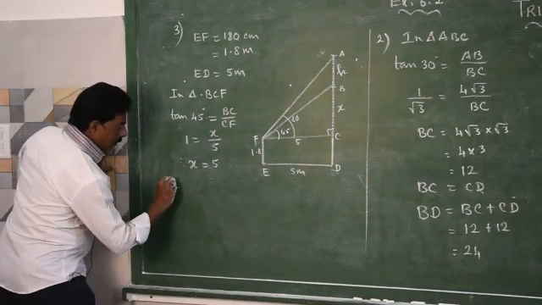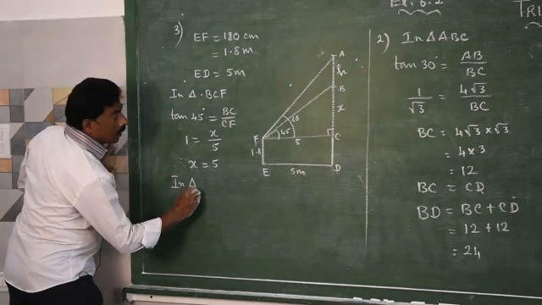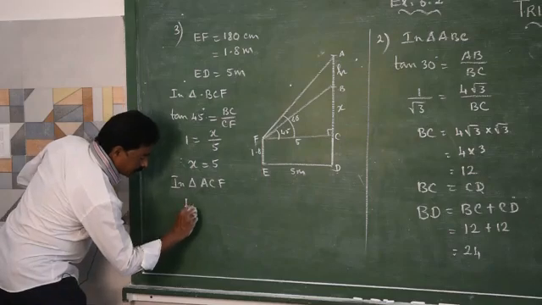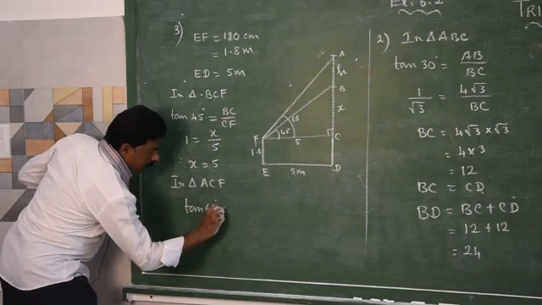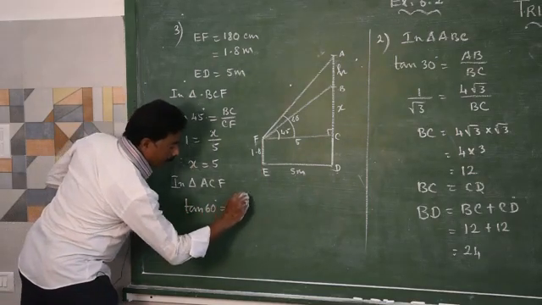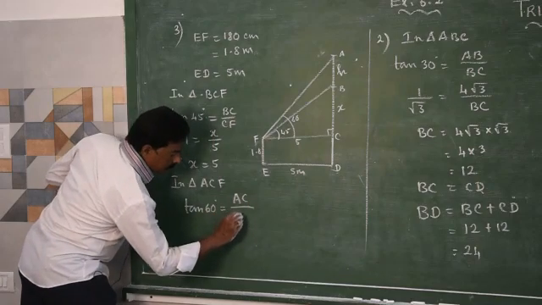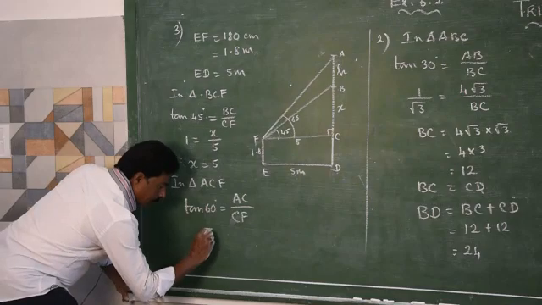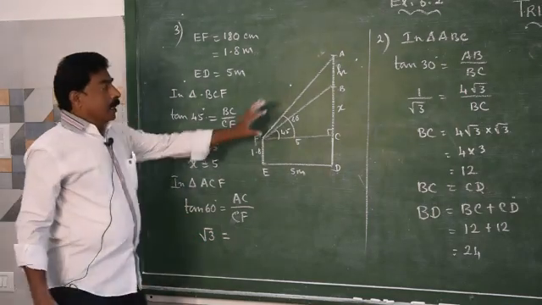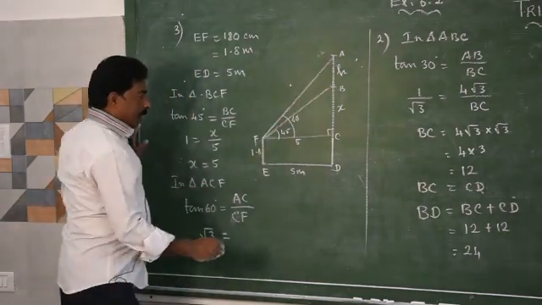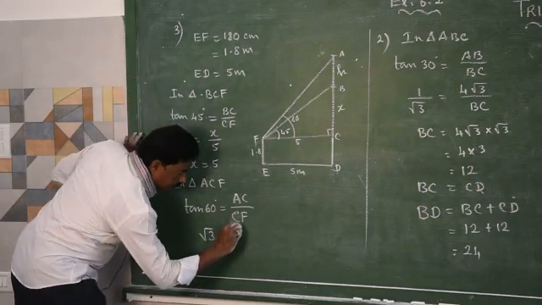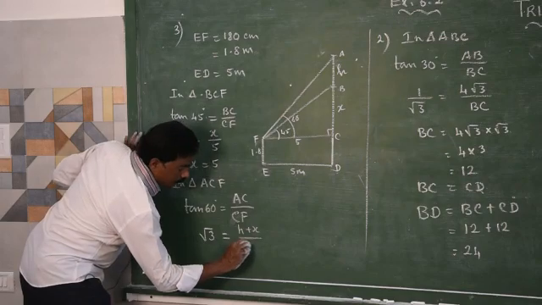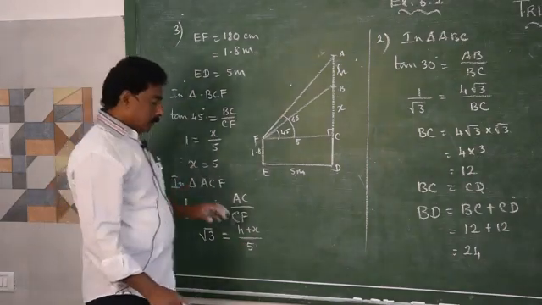Now, in triangle ACF, tan 60 is equal to opposite AC by adjacent CF. Tan 60 is root 3. Root 3 is, what is AC? AB plus BC, that is h plus x, by CF, which is 5.